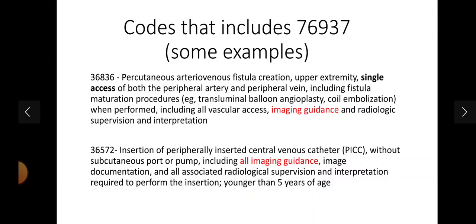In their description it says everything is included: all vascular access, imaging guidance, and radiological supervision and interpretation. Same for 36572. So there is no need to code 76937 when it is included in the vascular procedure. This is the way you can find out when to code 76937 and whether it is included in your procedure or not.